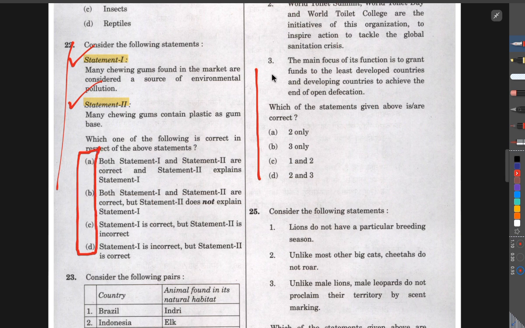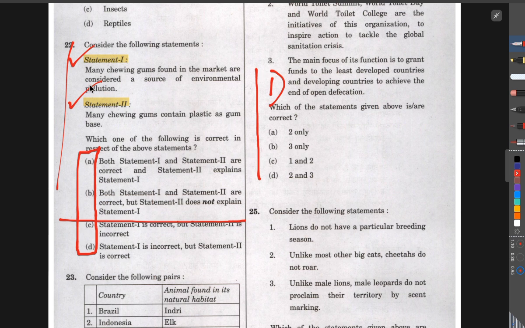First observation: after reading statement 1 and statement 2, if you are sure that either statement 1 or statement 2 is wrong, then you can directly go to C or D, because that's how the options are set.